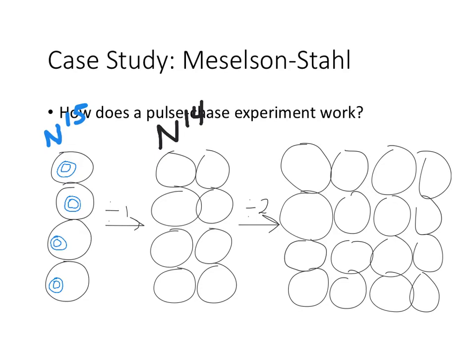For this top molecule, what happens to those 2 chromosomes when the cell divides? The first thing we have to do, by the way, is DNA synthesis, so that the cell has 2 copies of the chromosome.